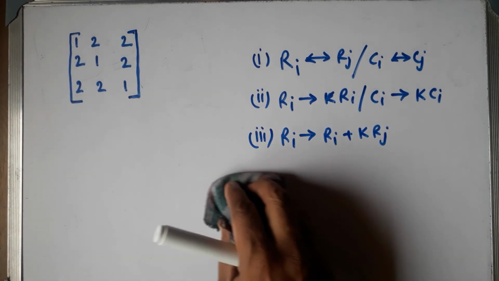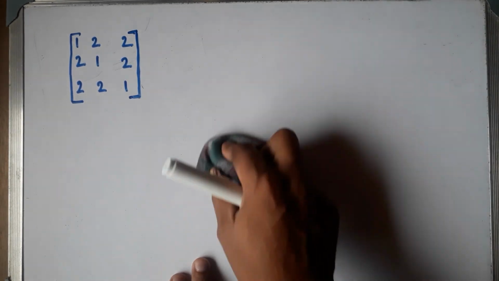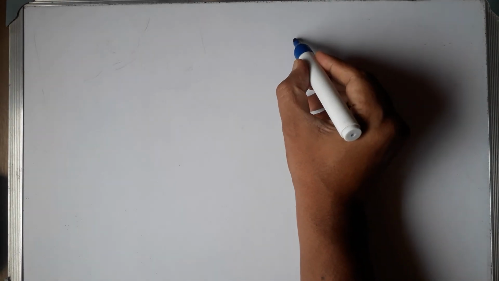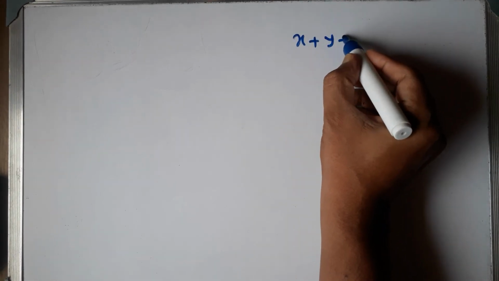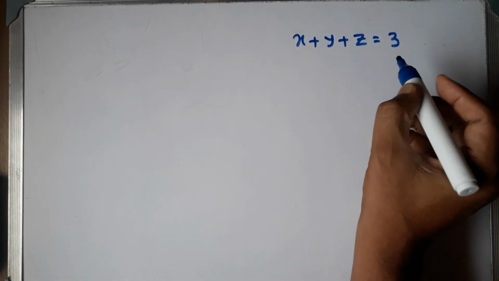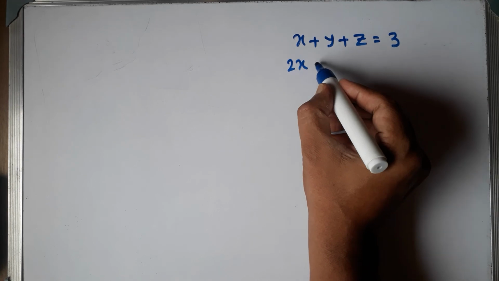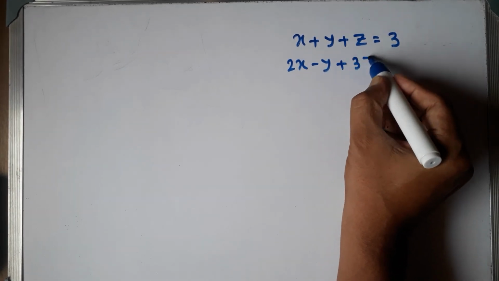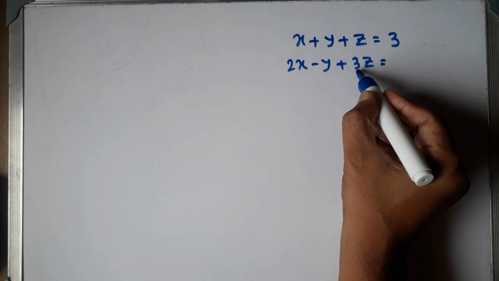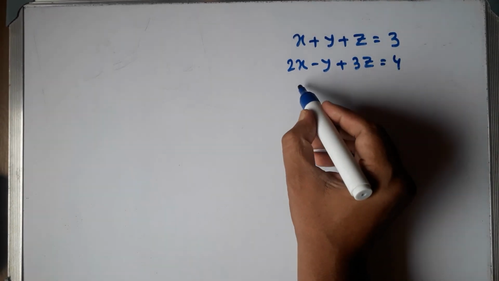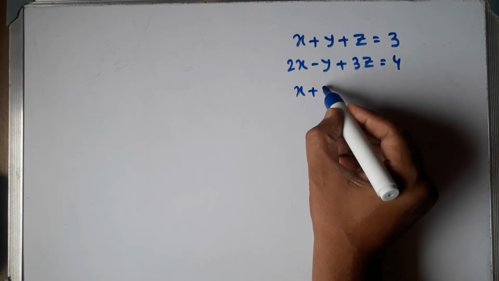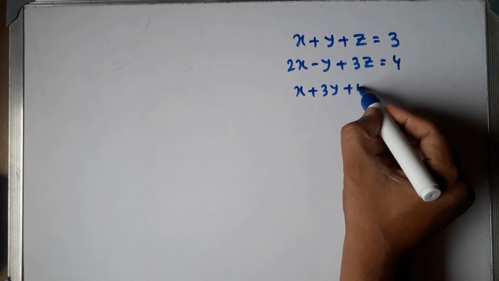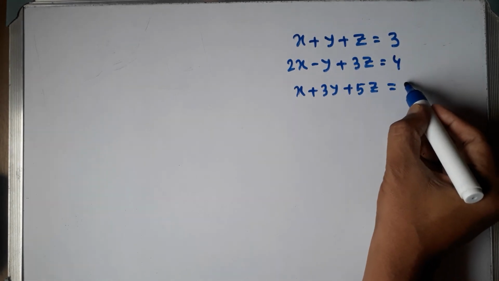Question is this: suppose, write, solve a system of equations: x plus y plus z equal to 3, 2x minus y plus 3z is equal to, suppose, 4, and x plus 3y plus 5z is equal to 9.